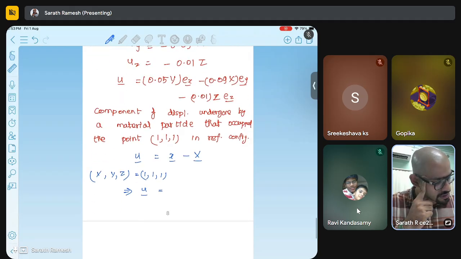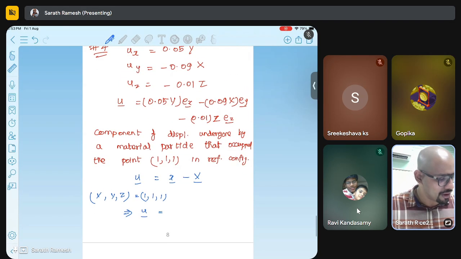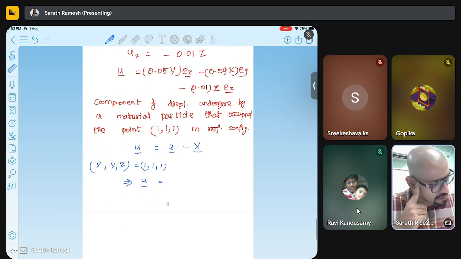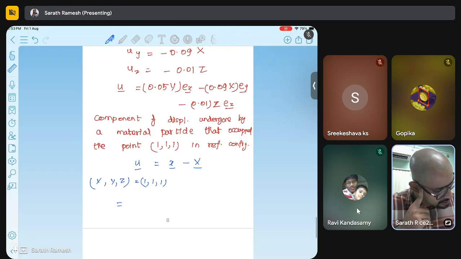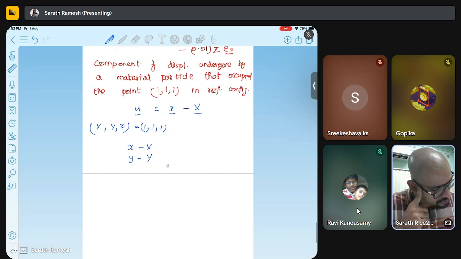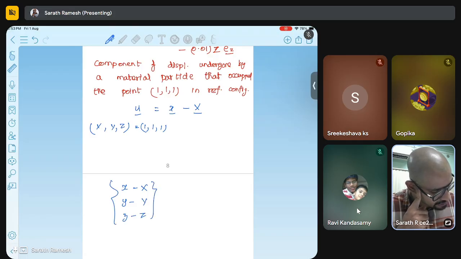For this we need small x, the deformation field, right? Small x minus capital X is equal to what? I'm writing one by one, and small y minus capital Y. Let's write on a new page: small x minus capital X, small y minus capital Y, small z minus capital Z. This is the u vector.